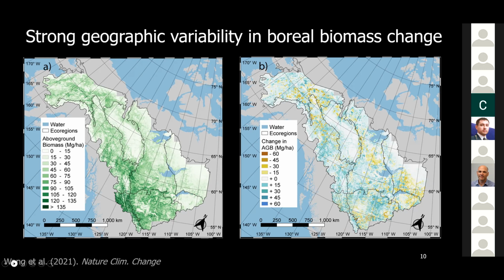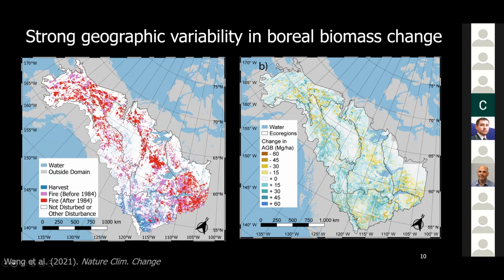And what we notice at this scale is that the patches of biomass losses tend to spatially align, if you squint, with some of these instances of fires. And so we're looking at fires, with the red and purples indicating the perimeters of burned areas from the Alaskan fire database and the Canadian fire database combined.